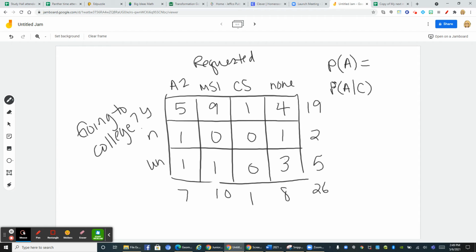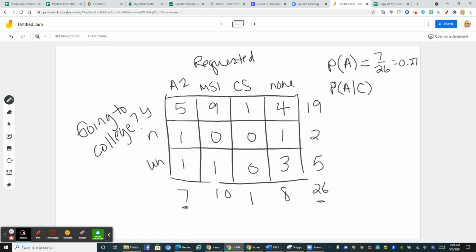I think it will make them more likely. So the probability of someone choosing to take Algebra 2 was 7 out of 26. So that's 7 divided by 26, which is about 27%, 0.27. So that's the 7 people out of 26 total who said they plan to take Algebra 2.